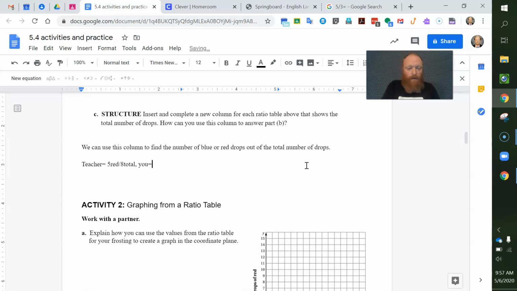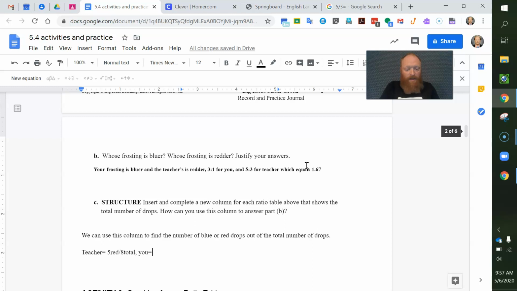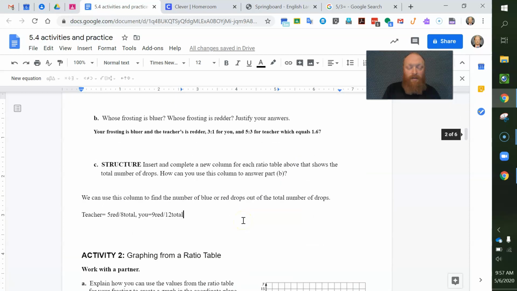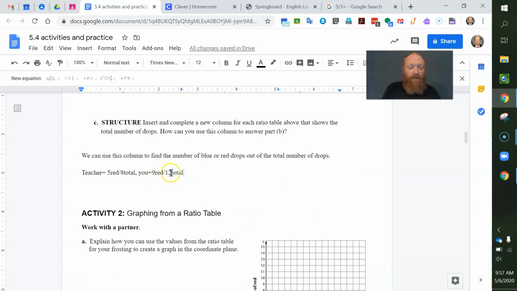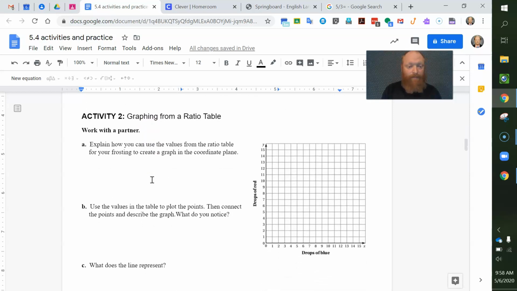You are equal to 9 red out of 12 total. Okay, and 5 divided by 8 is going to be a decimal. 9 divided by 12 is, doing the math in my head, 3/4, 3 out of 4.